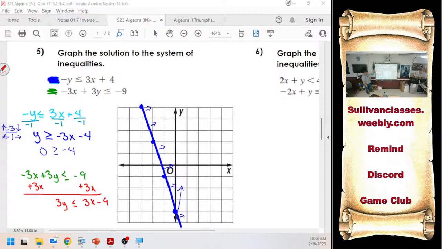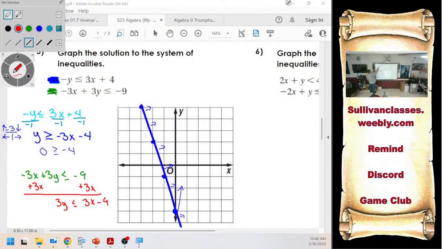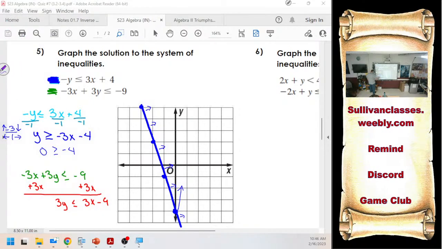Y is still not by itself. Divide everything by 3. Getting y is less than or equal to 1x minus 3. And if you need that 1 there as a placeholder to remind yourself, the slope is 1 over 1.